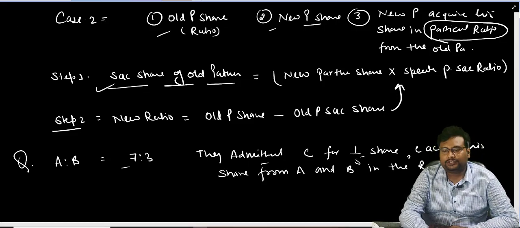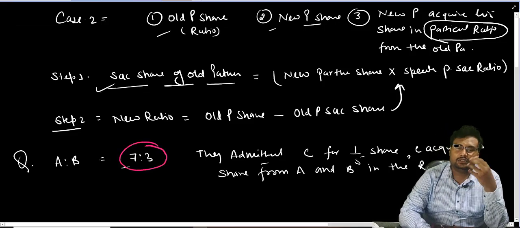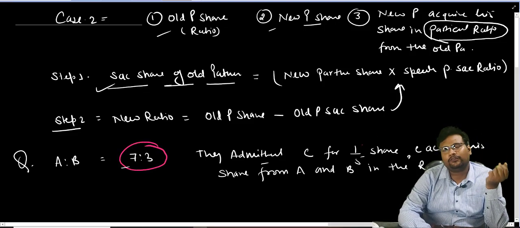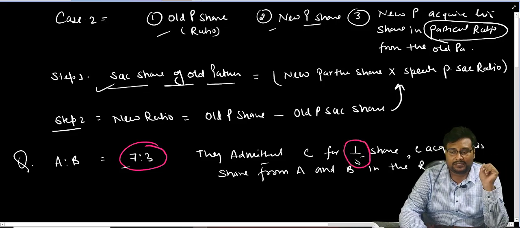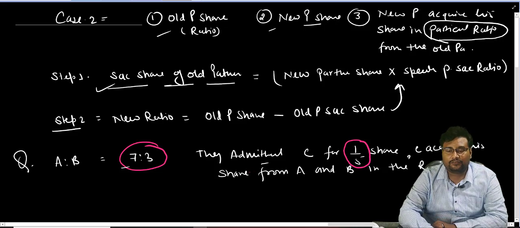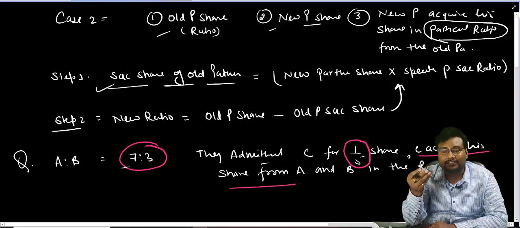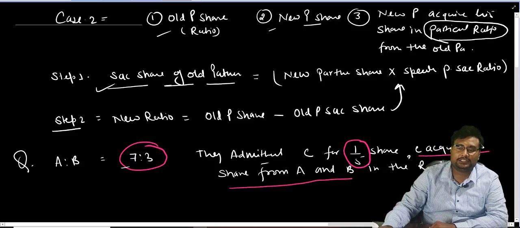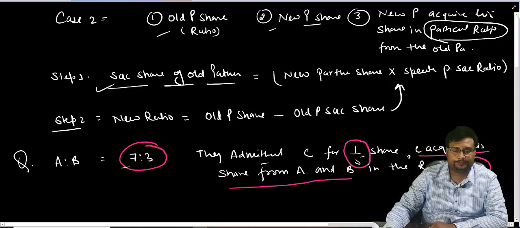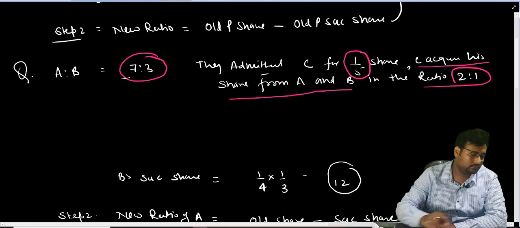So you can see here, very simple, that A and B 7:3 is the old ratio. C, the new partner share, is given, that is also information. So when these 2 pieces of information are there, it is case number 1. But this third information is there, that C acquired his share from A and B in the ratio 2:1. So 2:1 is actually the sacrificing ratio. So we will solve this type of question. You see here.